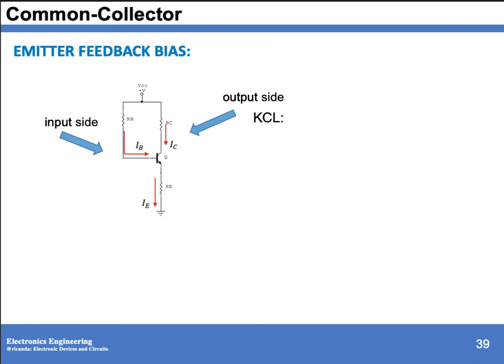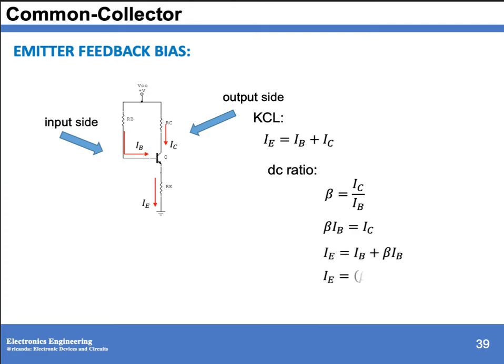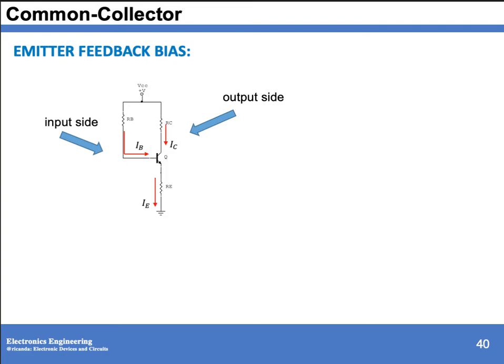So solving for the currents, we have IE equals IB plus IC, and the DC ratio for your common collector is the same DC ratio as your common emitter. So we are using beta, that is IC over IB. So IC equals beta IB, and IE equals beta plus 1 times IB.